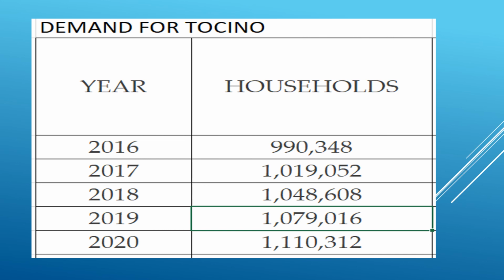I-extract lang natin, kukuhanin nyo lang yung specific na members ng population na kailangan ninyo sa target market nyo. Let us say, sa mga pagkain na konsepto ninyo, hindi naman sila lahat good for people of all ages. So talagang ang kailangan lang natin makuha yung target na age ninyo.